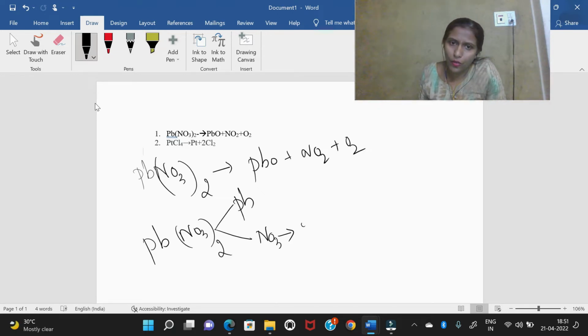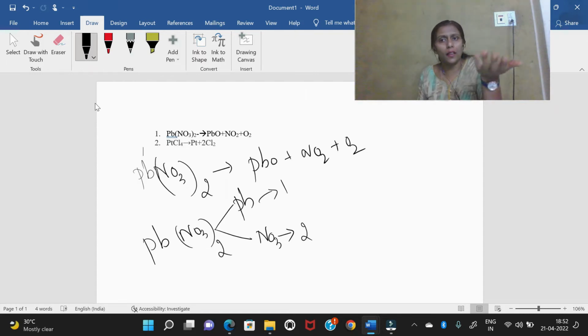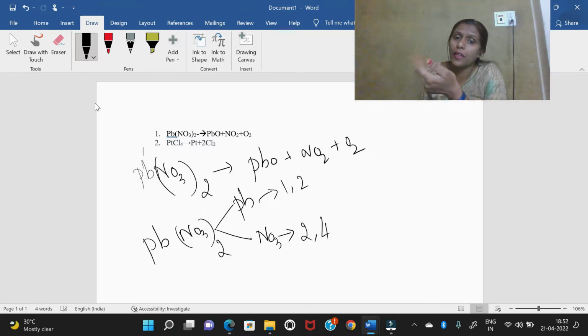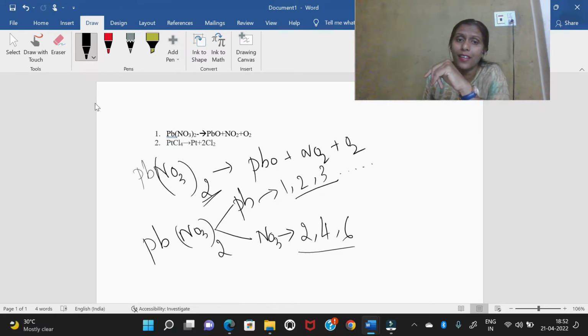So for one packet, in one bag there will be 1 kg of Pb, lead, and 2 kg of nitrogen oxide. Suppose one packet is not enough for me and I send another bag, then Pb becomes 2 and here NO3 becomes 4. The same thing for 3 packets, 3 sacks. So this becomes multiples of 1 and NO3 becomes multiples of 2. How do I get it easily without all this big story? It is just written here. NO3 of 2 means it is multiples of 2.